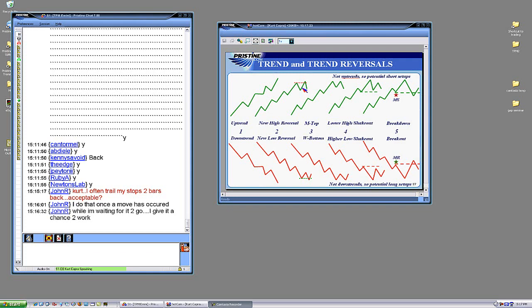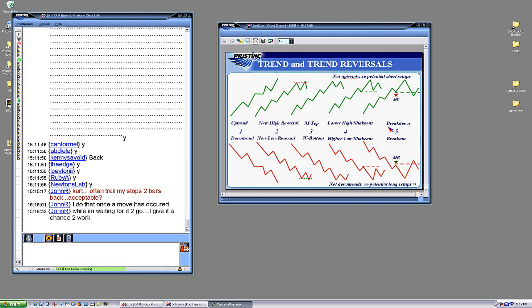This is starting to put that prior strength in question. The M top is even more questionable because we had a retest and a break of support here. So at this point, we're no longer in an uptrend. Examples 1 and 2, we're still in an uptrend, but with the second example, things are becoming more questionable.